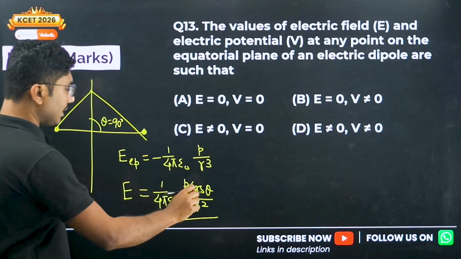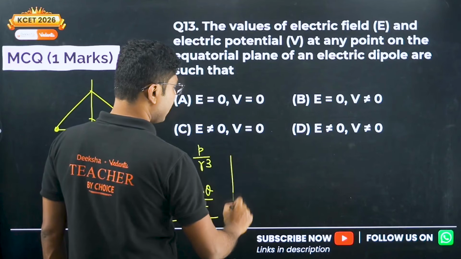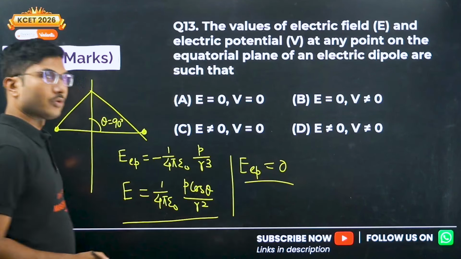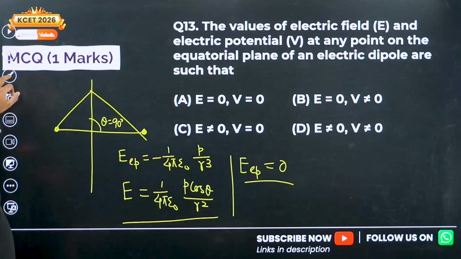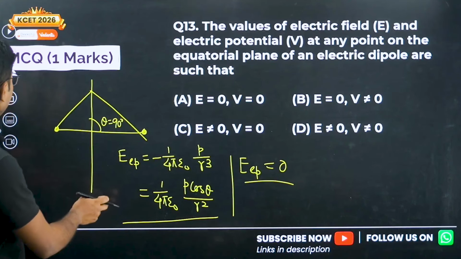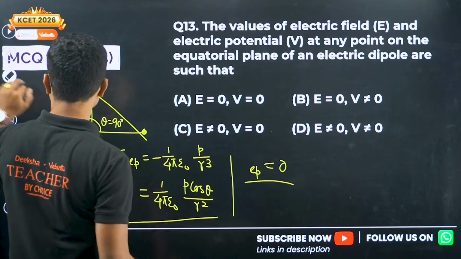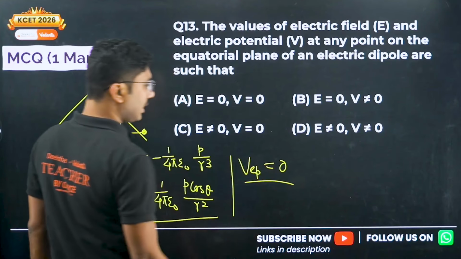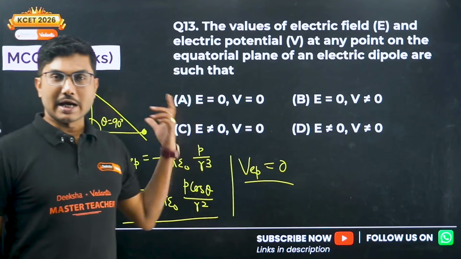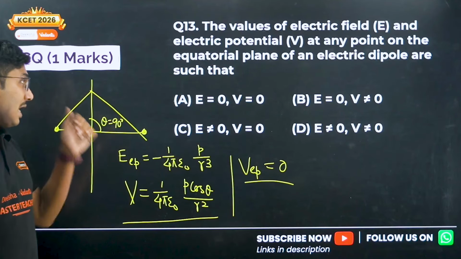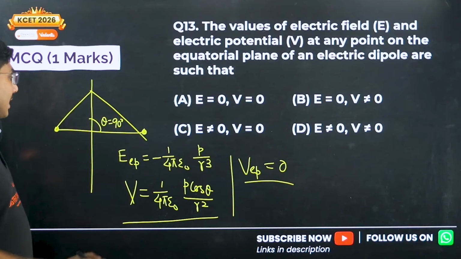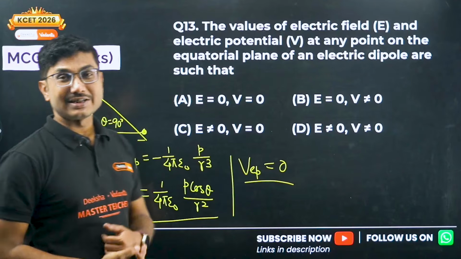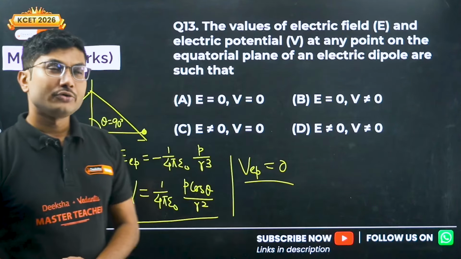So the electric potential on the equatorial plane is definitely equal to 0. This is potential we are talking about, so the symbol has to be V. So V at the equatorial plane must be 0, and it can also be proven from the fact that one is a positive charge and the other is a negative charge, so the net potential cancels because the distance is the same, so it will be 0.